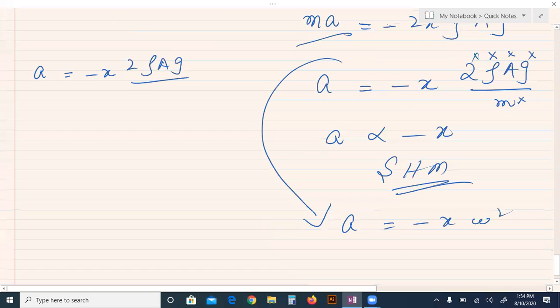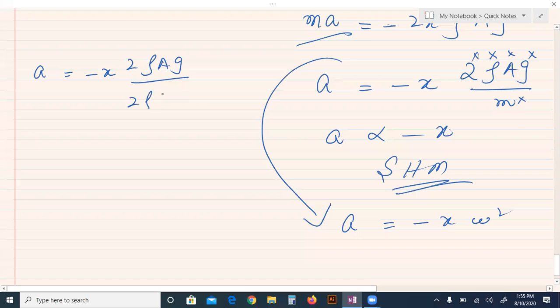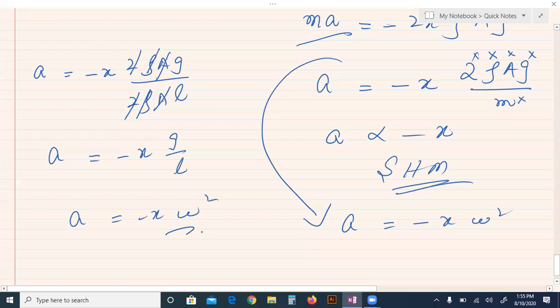So 2 rho AL: 2 cancelled, rho cancelled, A cancelled. a is equal to minus x g over L, and a is equal to minus x omega square. Hence shown that it is simple harmonic motion.